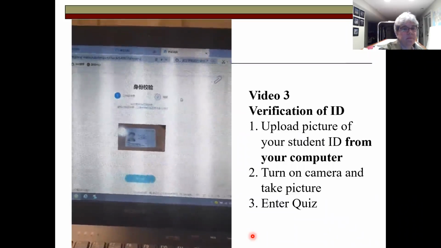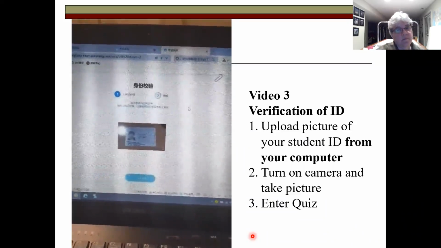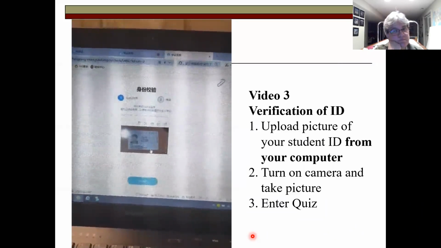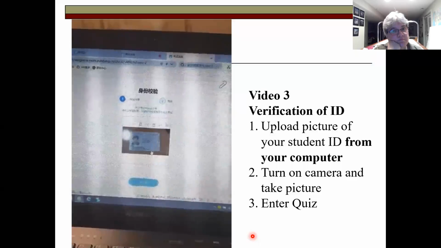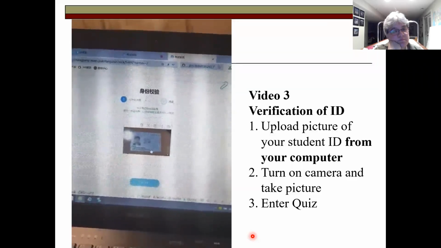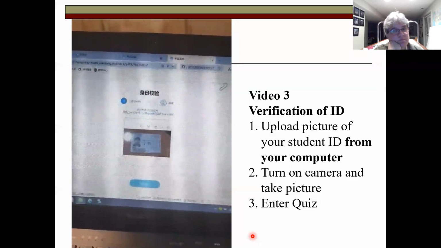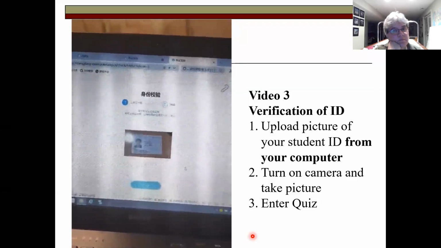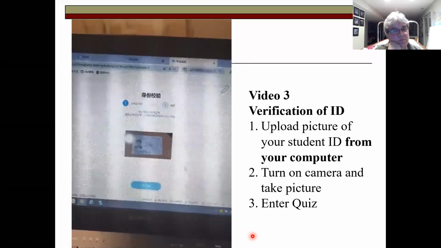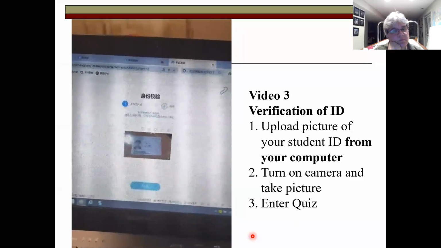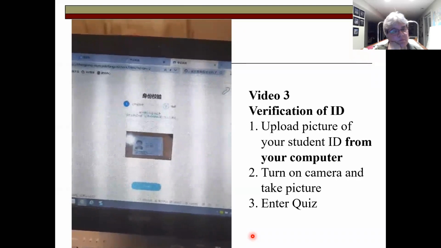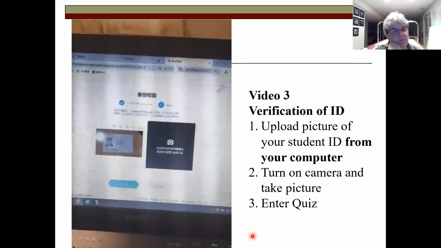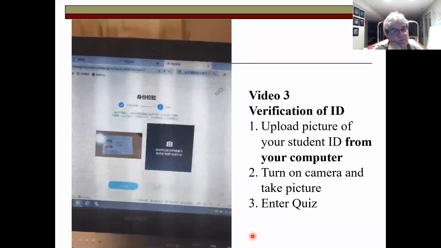This is the verification of your ID. The first step is to upload a photo of your student card here. So before this, you should have a picture of your student card in your computer, then upload here. After you upload a picture, you should turn on your camera.